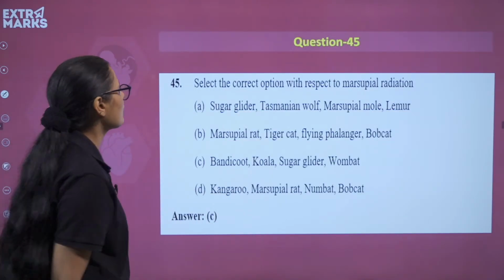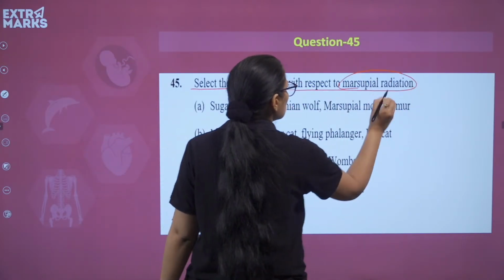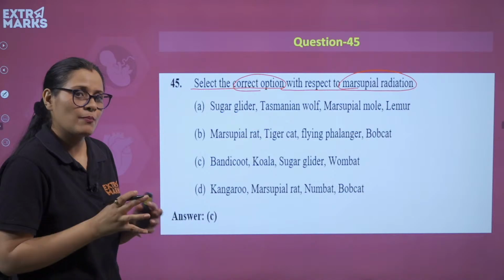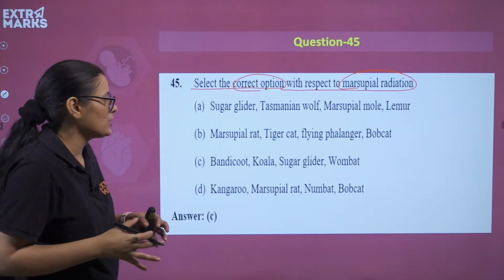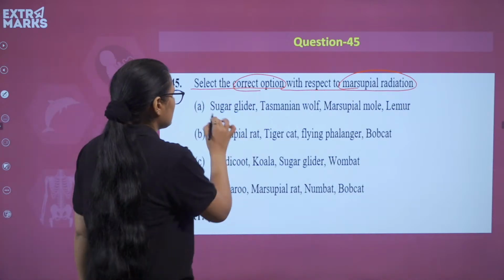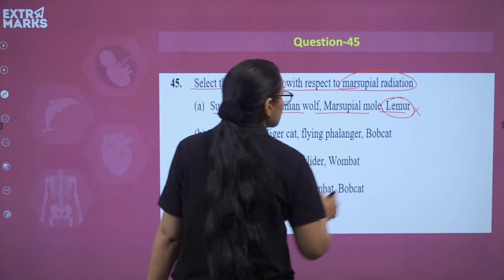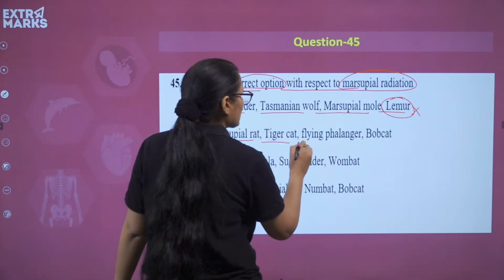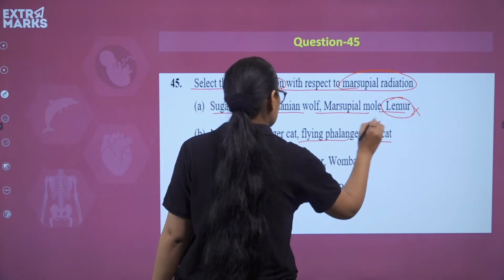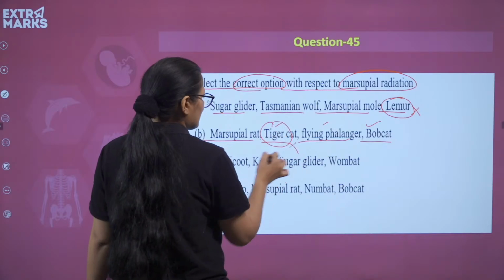The next question 45 asks to select the correct option with respect to marsupial radiation. So marsupial radiation that happened in Australia led to the evolution of sugar glider, Tasmanian wolf, marsupial mole and lemur. This is incorrect. Lemur is a placental mammal. Marsupial rat, tiger cat, flying phalanger, bobcat. Yes, flying phalanger, tiger cat, but this is bobcat. This is incorrect.